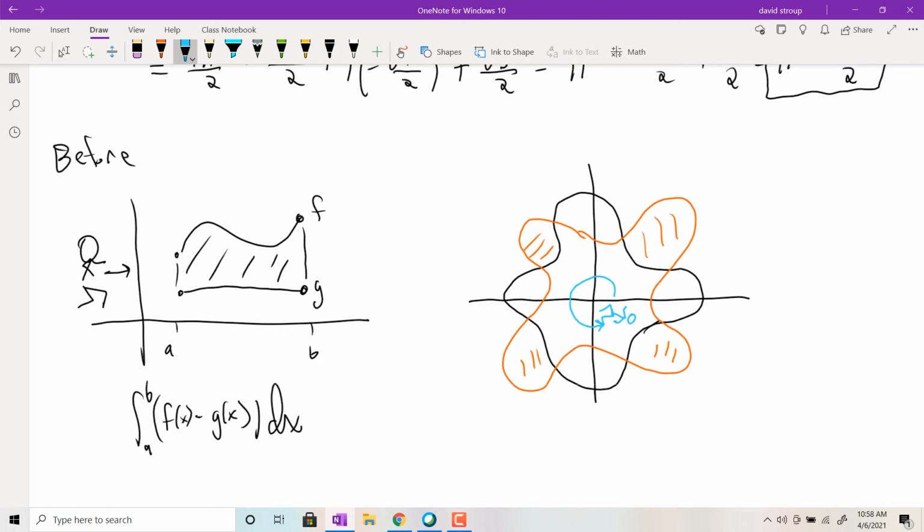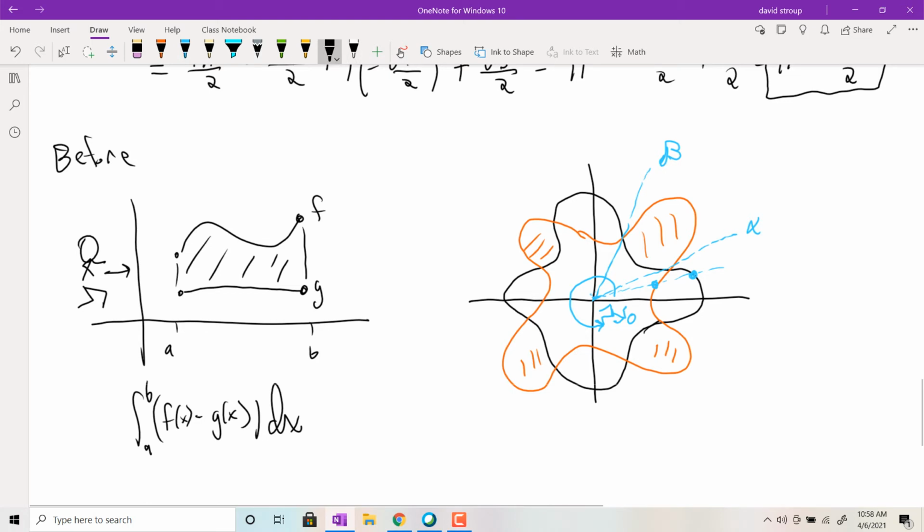In the beginning, if he's sitting right here at this angle, the bottom curve is the red curve and the top curve is the black curve. So if I wanted the area that I just drew out, I would need to integrate from this angle, I'll call it alpha, to this angle, I'll call it beta. And in that little region, the top curve is the red curve.